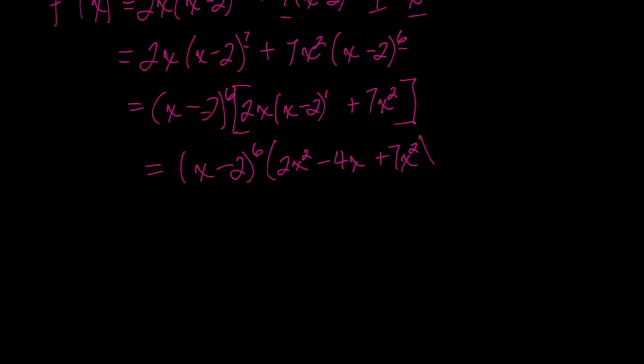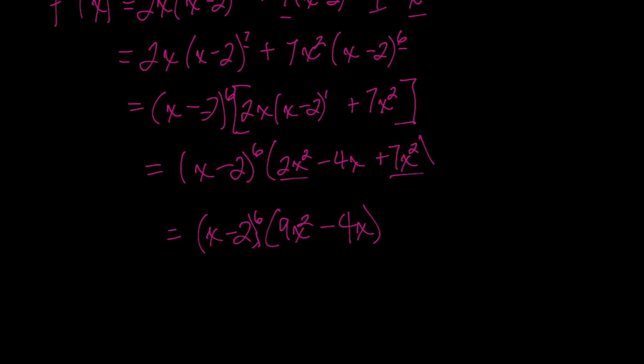If I kept on going, I could add my 2x squared and my 7x squared. So I still have x minus 2 to the 6th. And that would give me a 9x squared minus 4x.